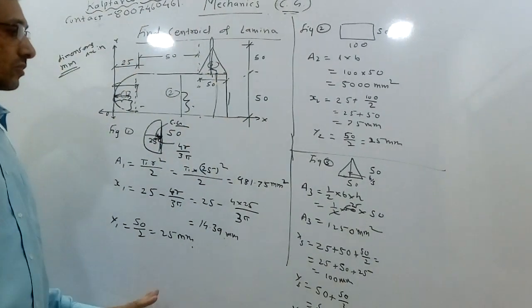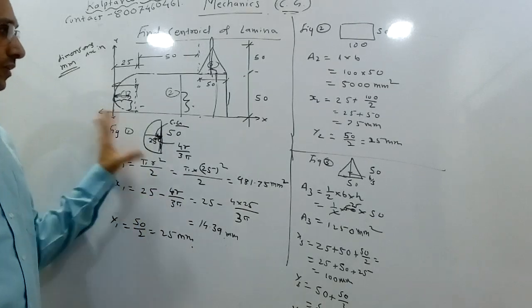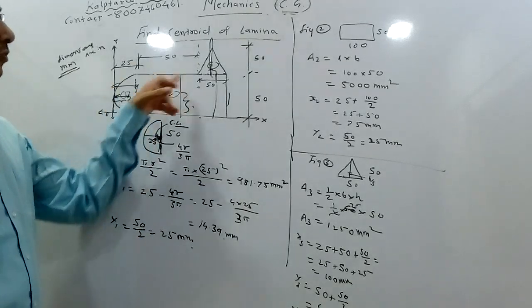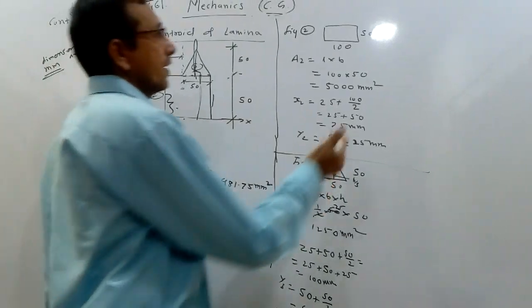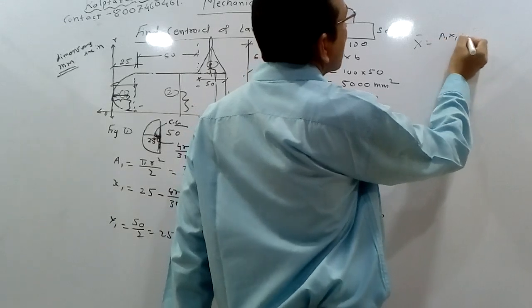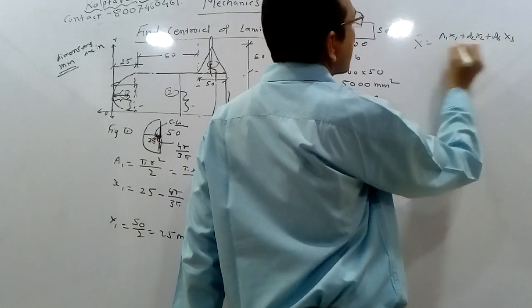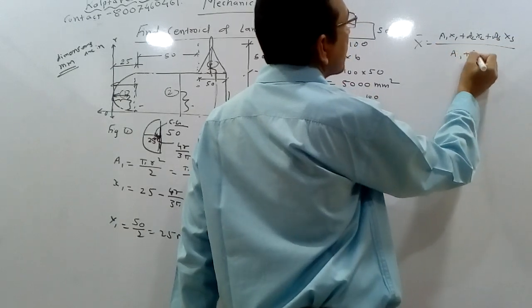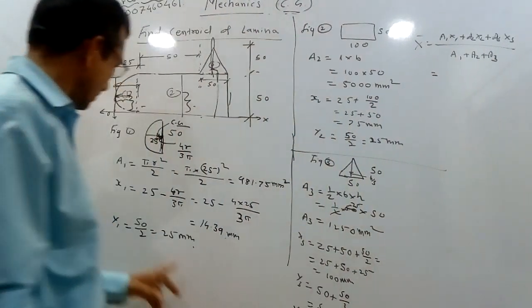Clear? Now this is all the calculations for figure 3. Now I have to find the overall CG of this figure. So for that I write overall x bar, which is equal to a1x1 plus a2x2 plus a3x3 upon a1 plus a2 plus a3. So you write these dimensions.